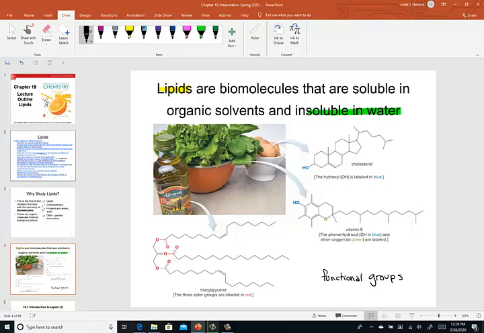What's unique now about fats or lipids is there is no one specific functional group that defines their being. There's not one single functional group that is common and must be there to be classified as a lipid. Instead, we're going to learn that lipids are classified by a physical property of being very insoluble in water.